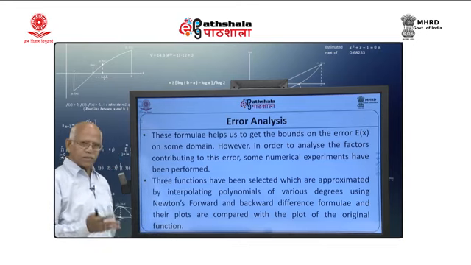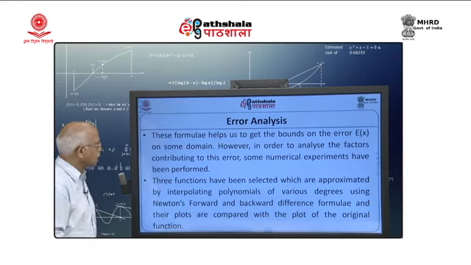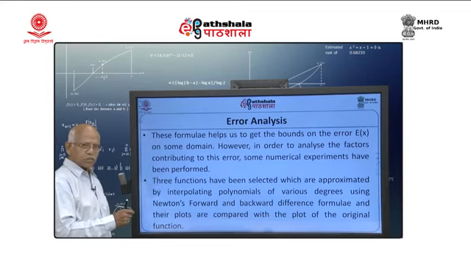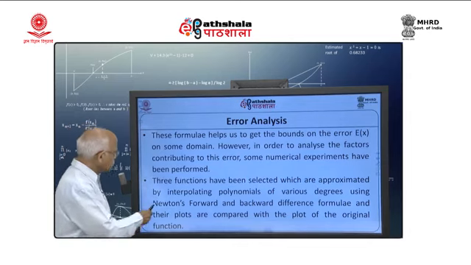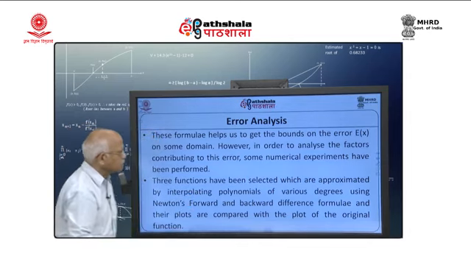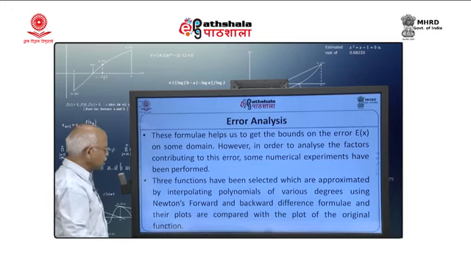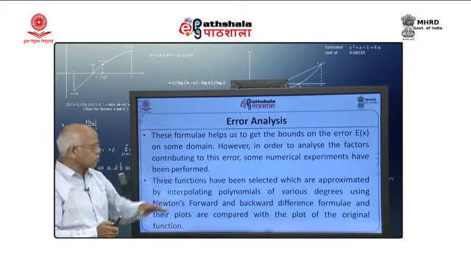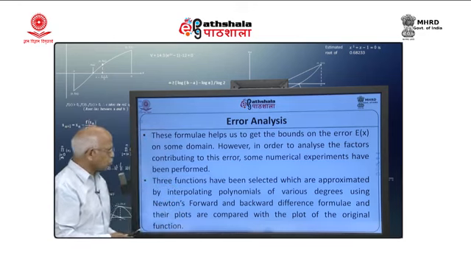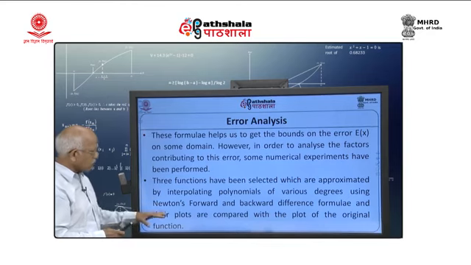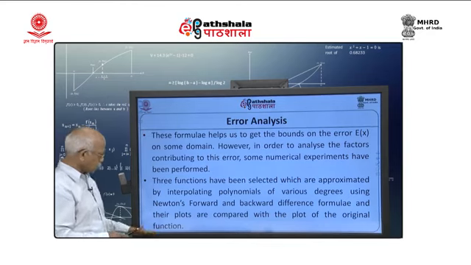So, I am going to give 3 illustrations, chosen specifically with some purpose, and the 3 functions selected are approximated by interpolating polynomials of various degrees. So, the polynomial degree also we are varying, using Newton's forward and backward difference formulas, and their plots are compared with the plot of the original function.